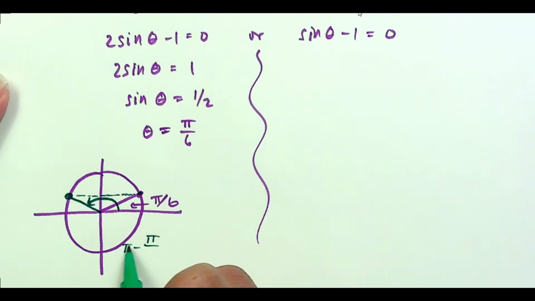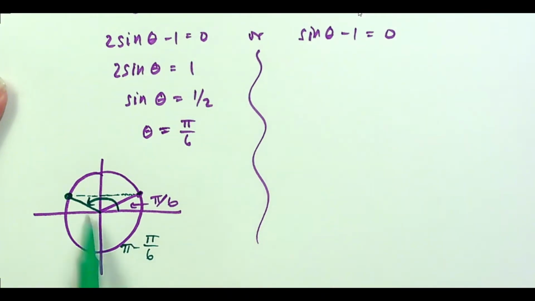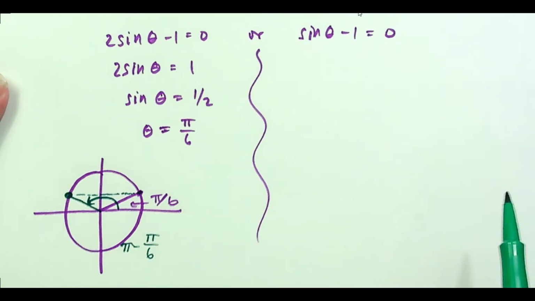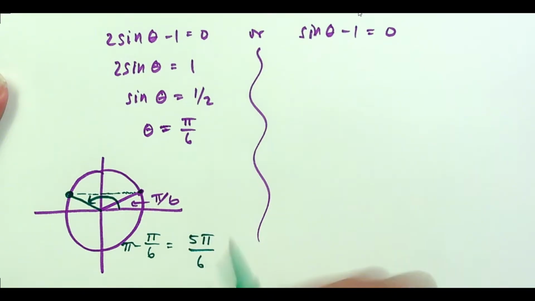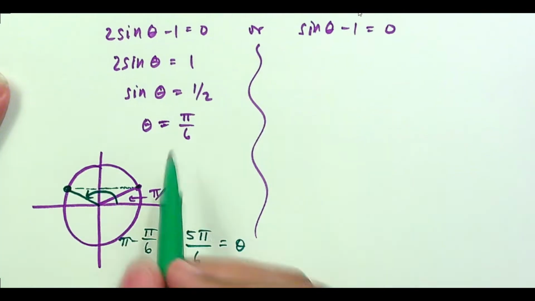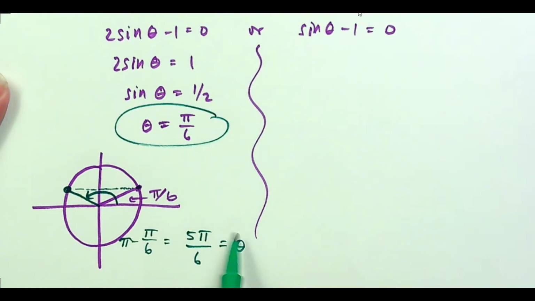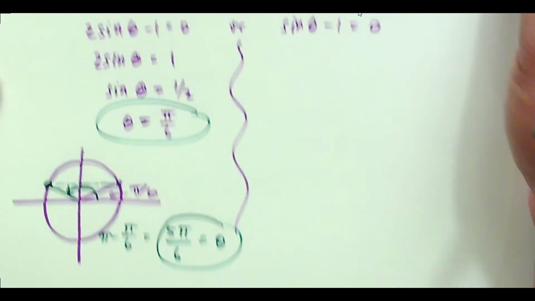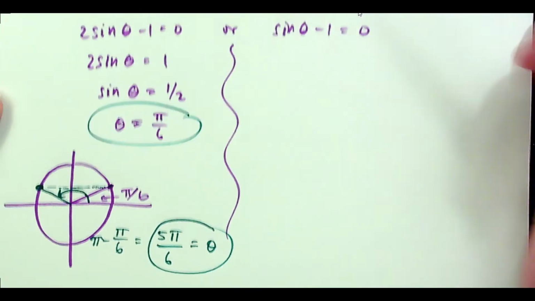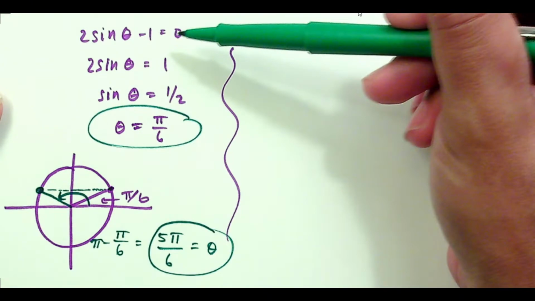Pi minus pi over 6, okay? So almost pi, but take that piece away. So pi minus pi over 6, that is 5 pi over 6. So that's the other possibility. One possibility is pi over 6. The second possibility is 5 pi over 6. So these are the possibilities that come from solving this equation.